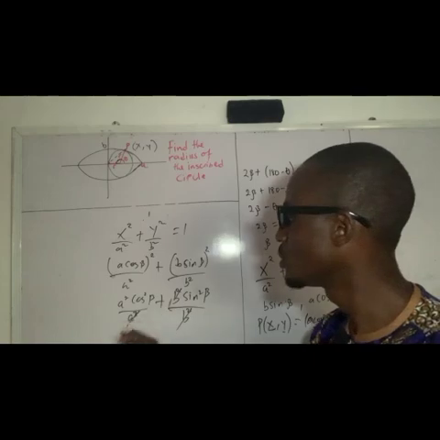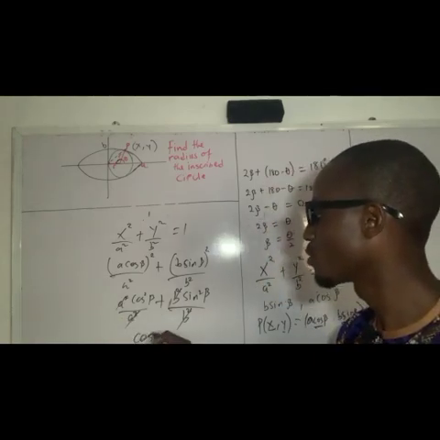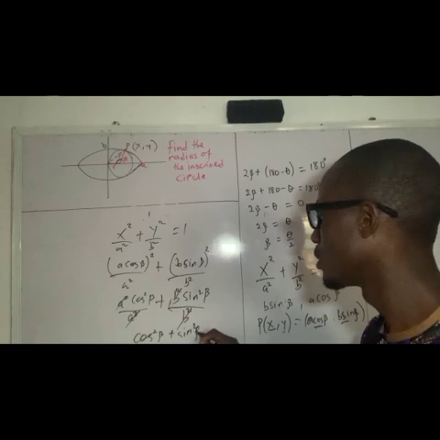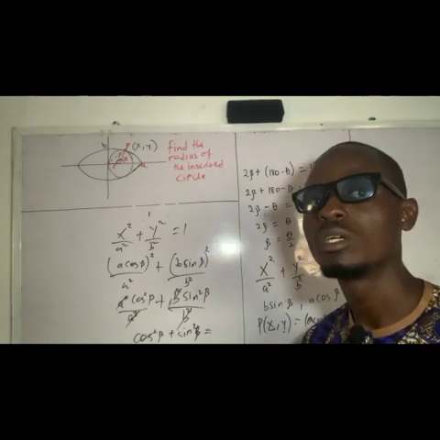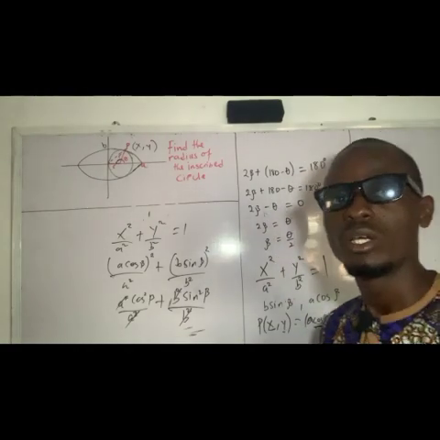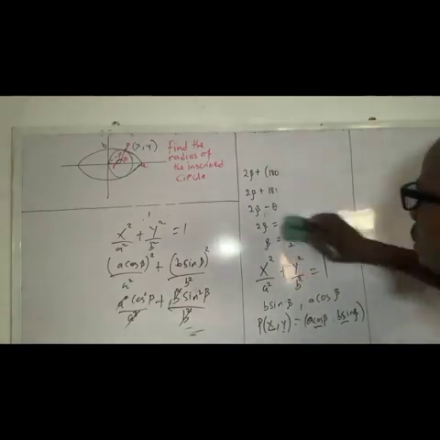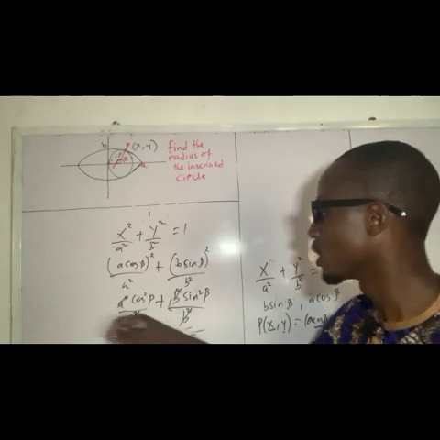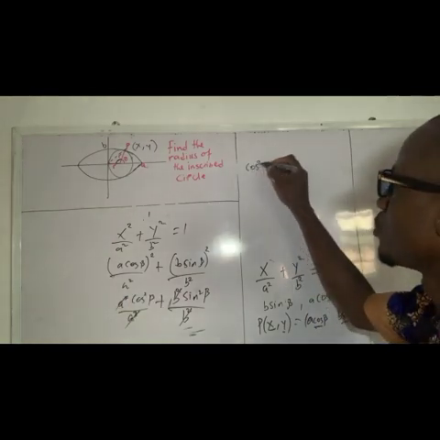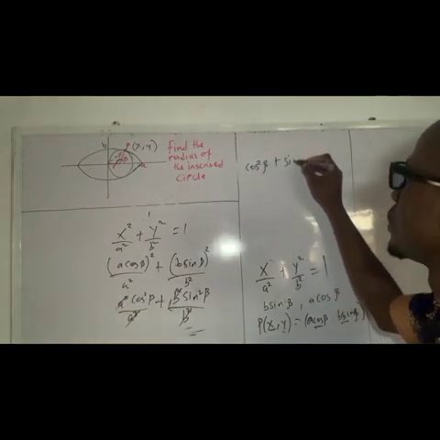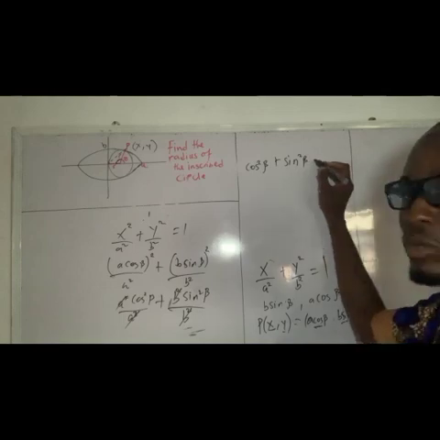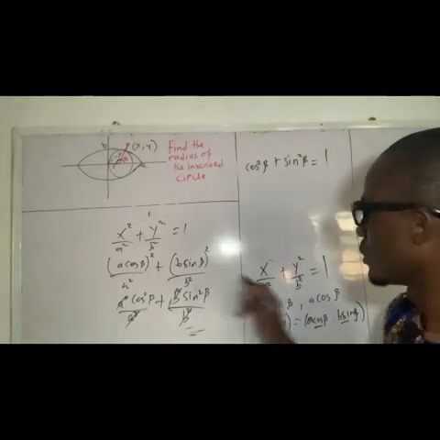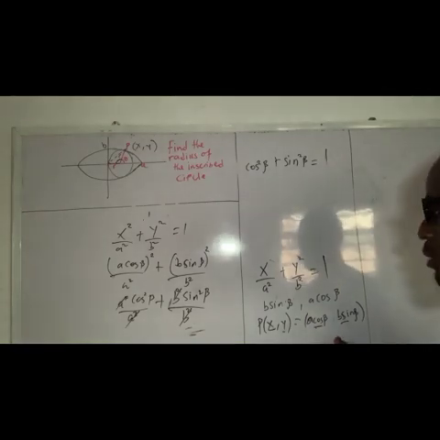So this cancels this, and this cancels this. Whenever you have cos squared beta plus sine squared beta, from the trig identity, this must give you 1. So we have proved that this is the position of P.